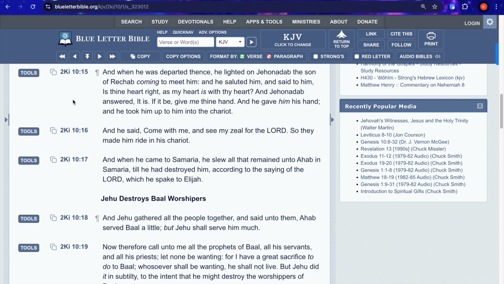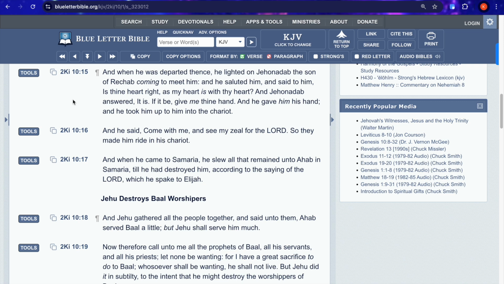So basically, are you in line with me as I am with you? And Jehonadab replied, "Yes." "If it be, give me thine hand." And he gave him his hand, and he took him up to him in the chariot. So now they're both in the chariot. And he said, "Come with me and see my zeal for the Lord Yahweh." For they made him ride in his chariot.